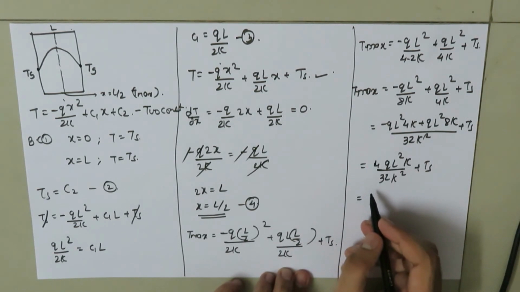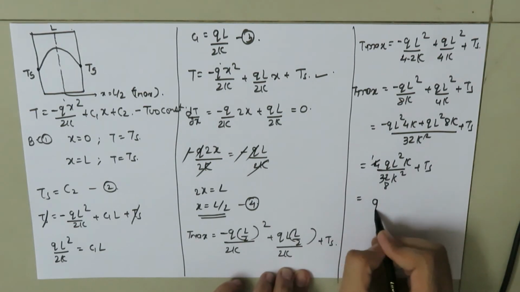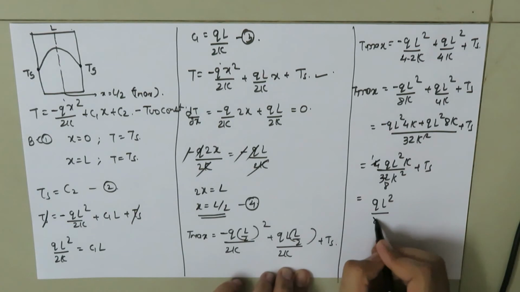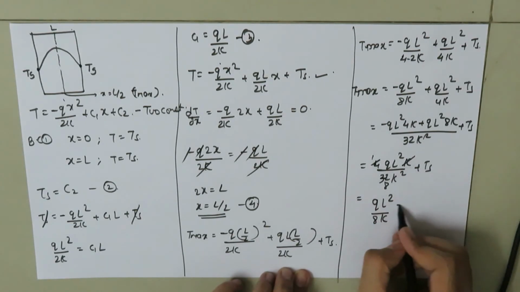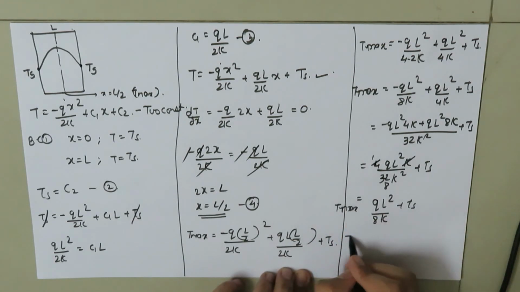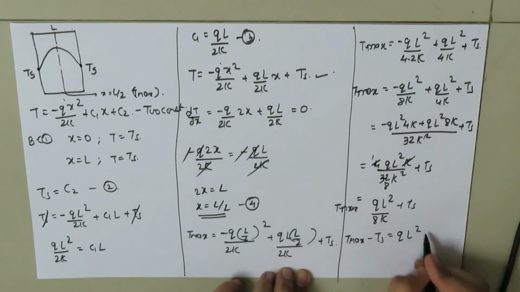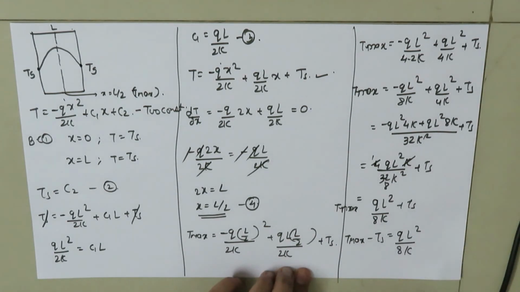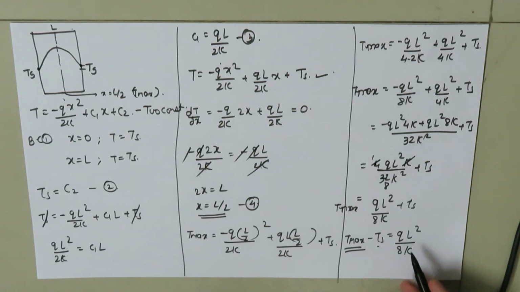So 8 fours are 32, 4 ones are 4, 4 eights are 32, and we have qL squared by 8 times k, because this k is going to get cancelled, plus Ts. And here we have Tmax. So Tmax minus Ts is equal to qL squared by 8k. So the temperature difference between the maximum temperature and the surface temperature is qL squared by 8 times k.